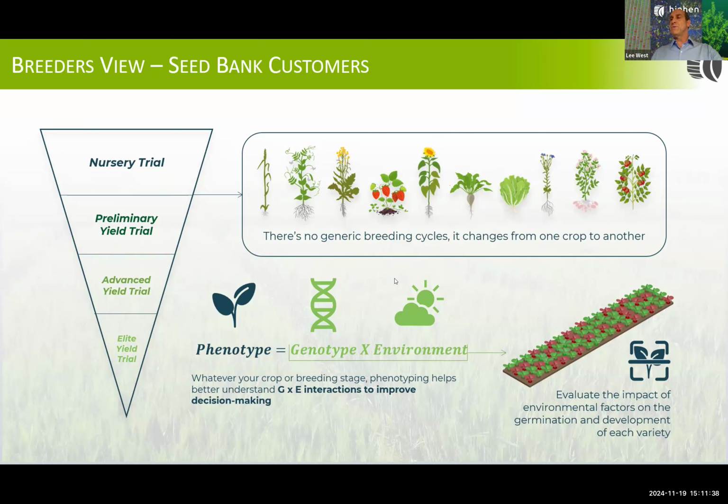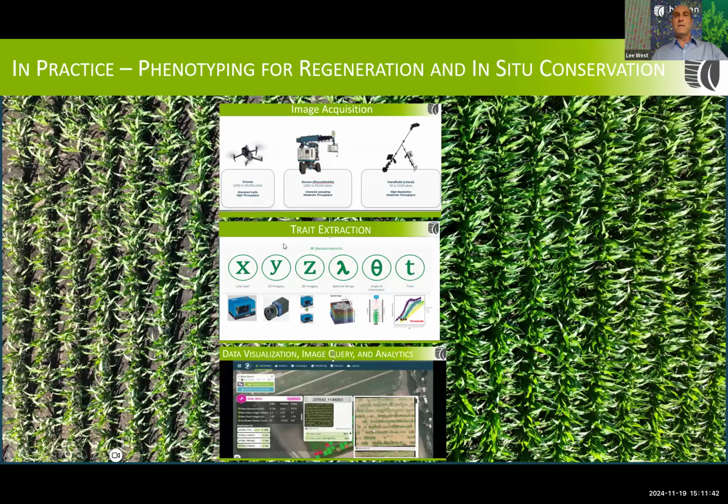But let's get down to in practice phenotyping that might be applicable here to the seed conservation community. So in practice, what does phenotyping look like? Here's where I'll start discussing how we apply imaging analytics to breeding and exploring how image analytics might apply to genetic resource centers, both seed banks and in situ conservation centers.